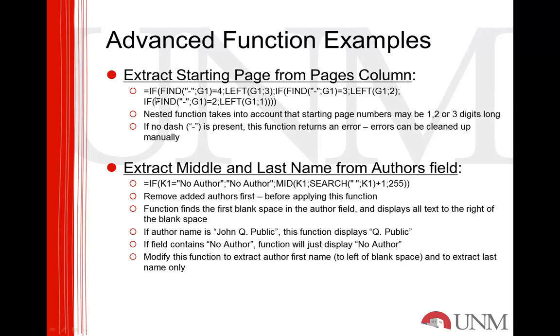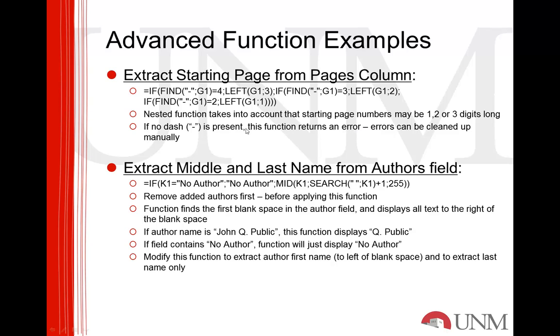So you don't have to manually write separate functions in order to extract all of the starting page numbers from all 1,365 articles. One thing to note is that if there is no dash present in the field that you're referring to in the pages column, then this function will return an error.